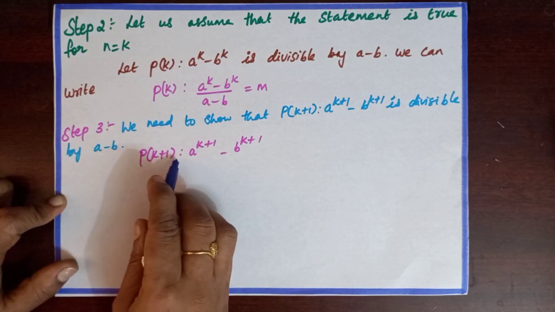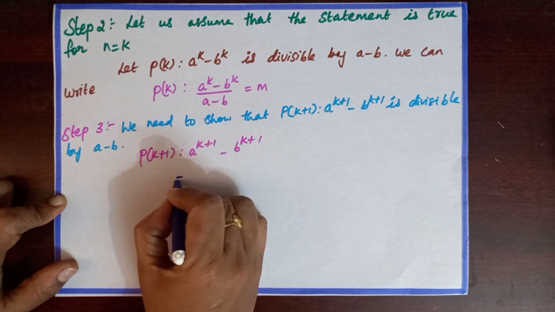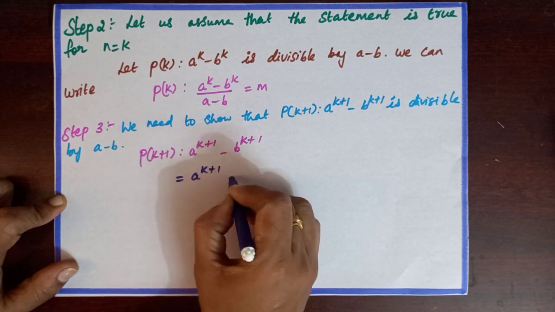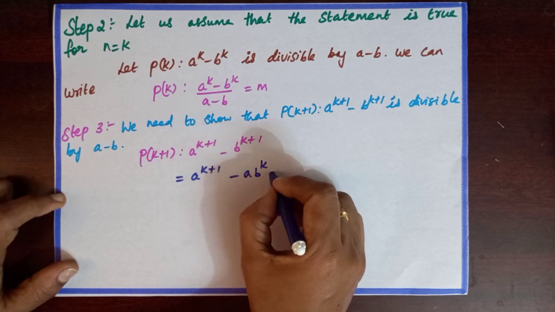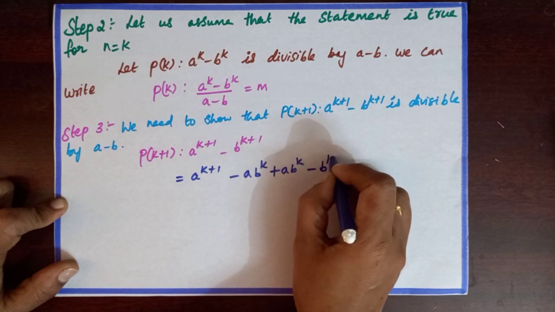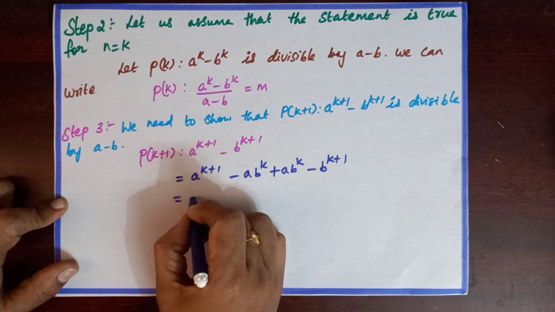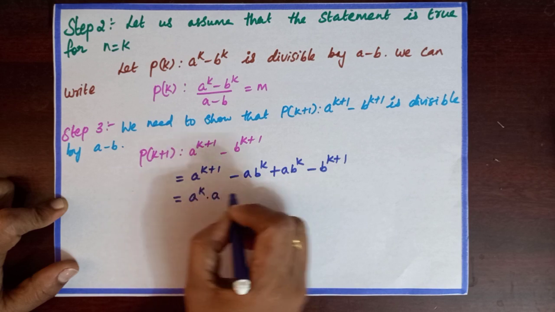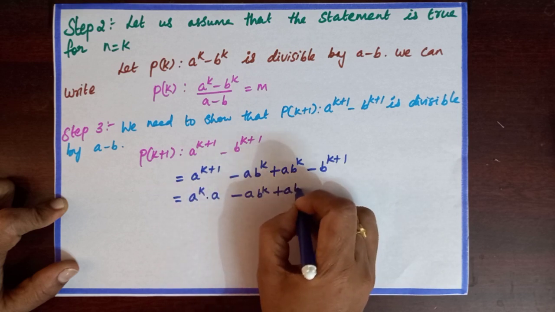Therefore, p of k plus 1 is a power k plus 1 minus b power k plus 1. Now, here I am going to add and subtract a b power k, minus a b power k plus a b power k minus b power k plus 1. A power k plus 1 can be written as a power k into a minus a b power k plus a b power k.